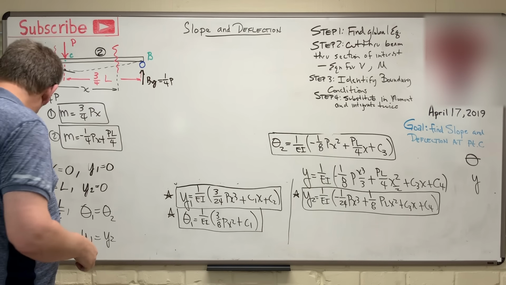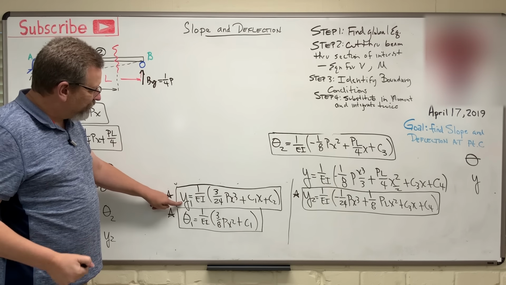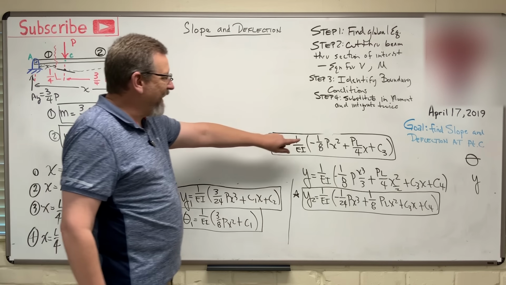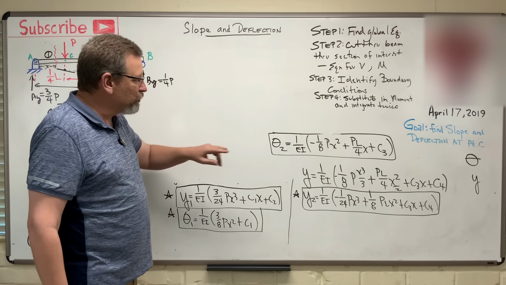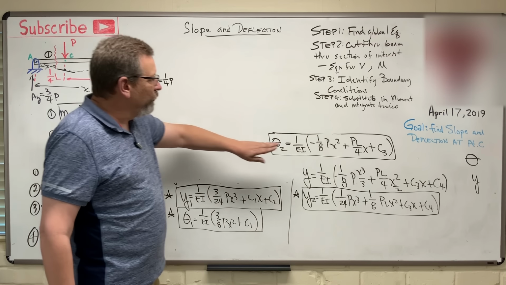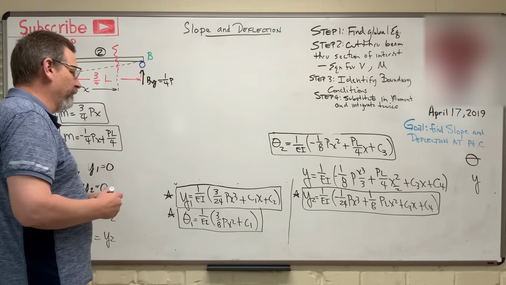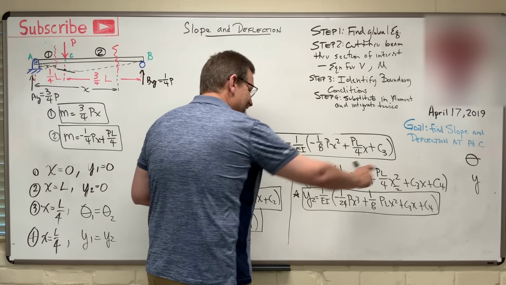This is what we want, because we want an equation for the slope and deflection at these points. If we hadn't written these equations, we would have had more than we can solve. So the whole goal is to get rid of those constants.